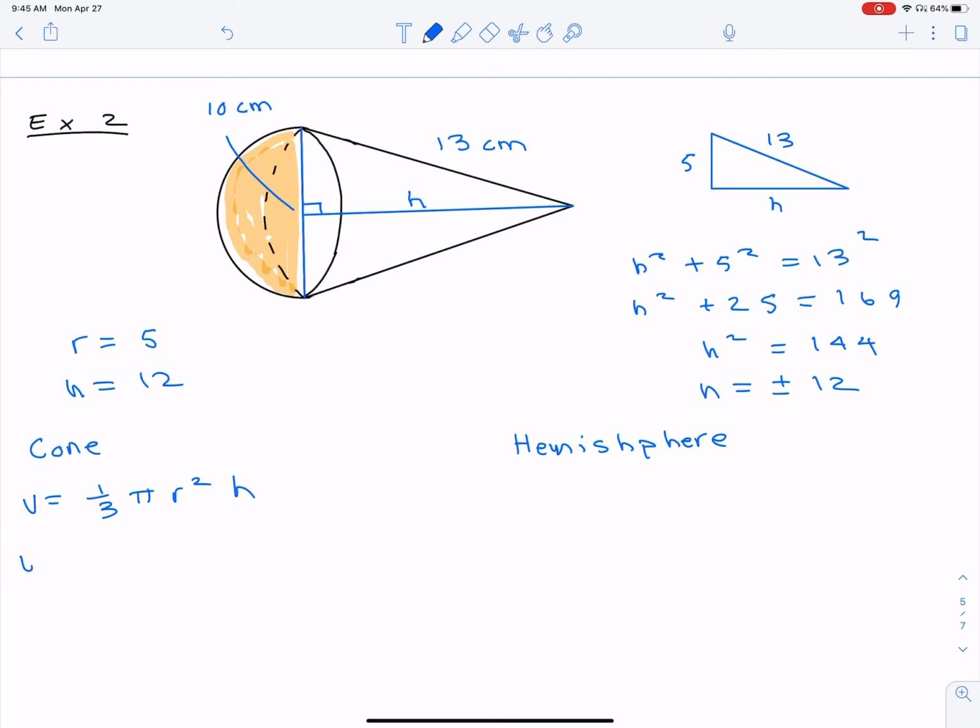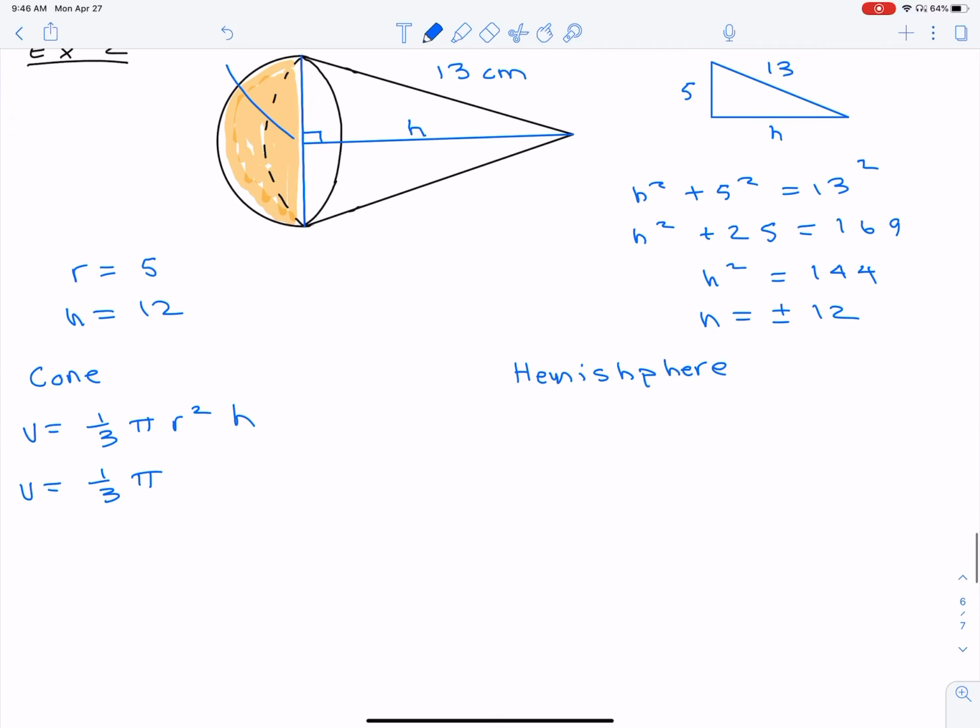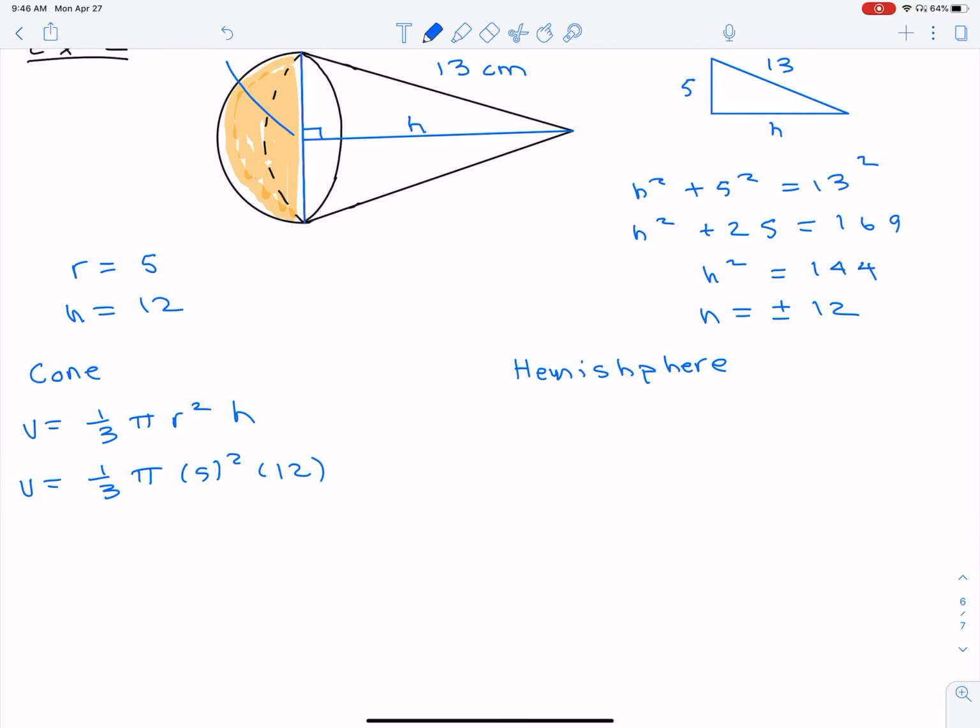In this case, volume equals 1/3 pi, r is 5, so 5 squared, and h is 12. So what do we get for the cone? 1/3 of 12 is 4, 4 times 25 is 100. So this is 100 pi.